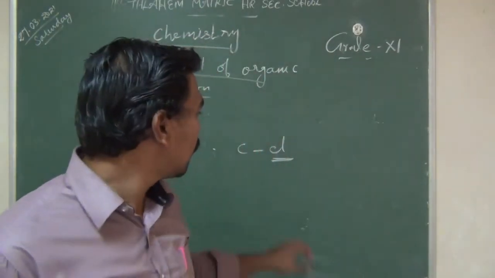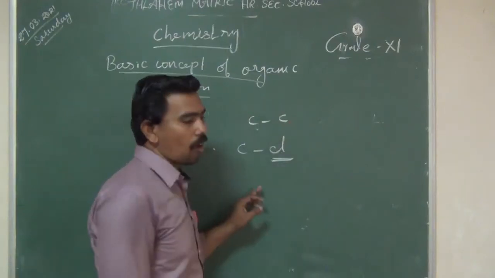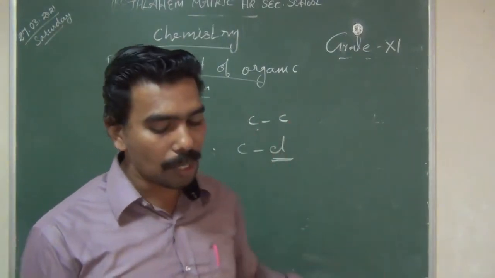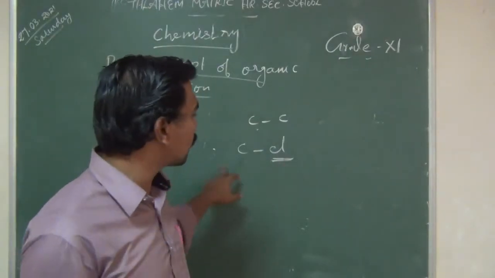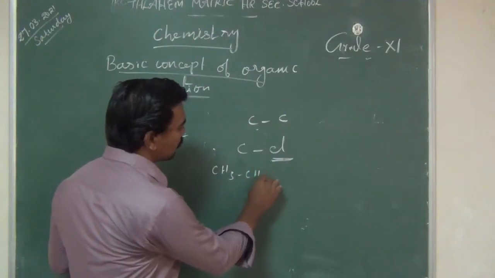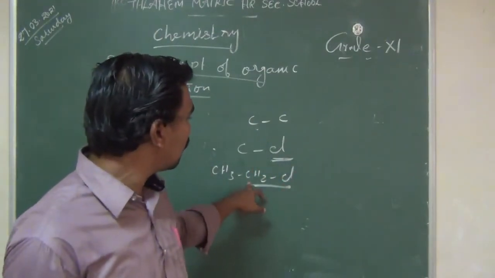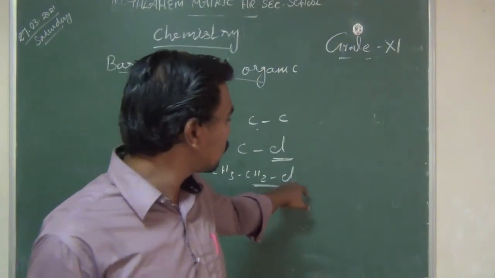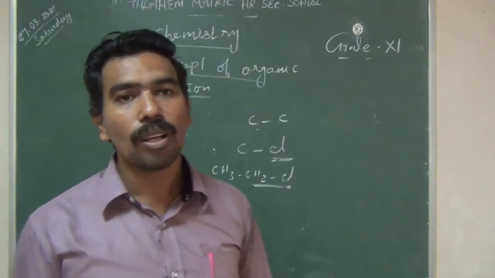First thing is the carbon-carbon bond, that is ethane, a non-polar compound. Then the polar compound is ethyl chloride, CH3, CH2, Cl. We are discussing the CH2-Cl bond. Here the Cl is the highly electronegative atom.